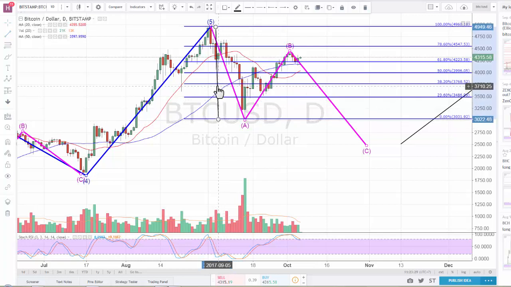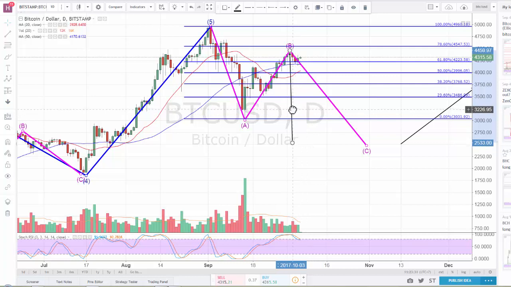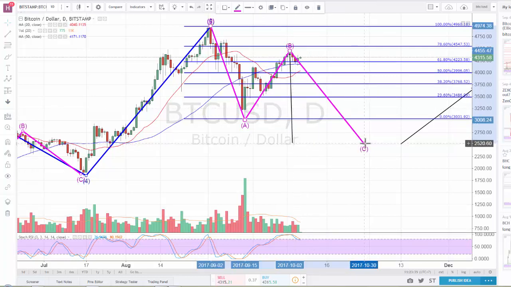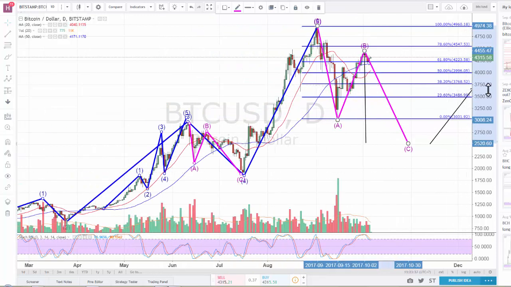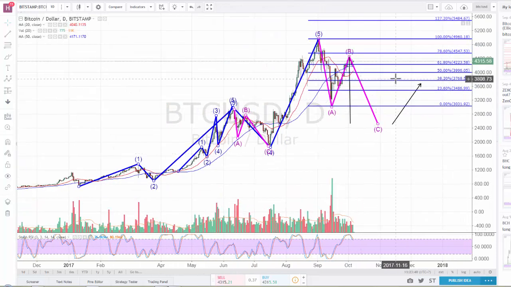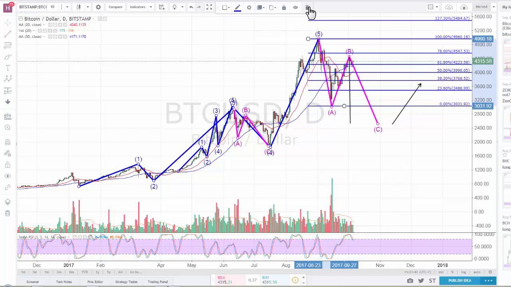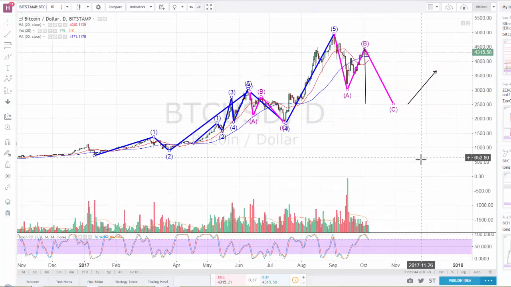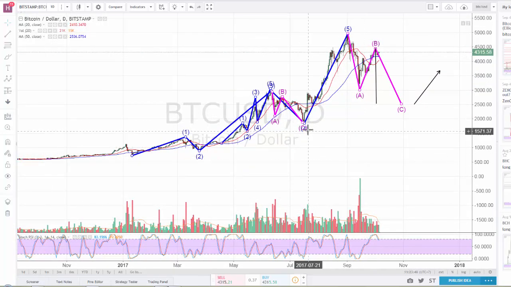We would need to go to 2,500 to have a complete ABC corrective wave, and from there it would probably bounce.